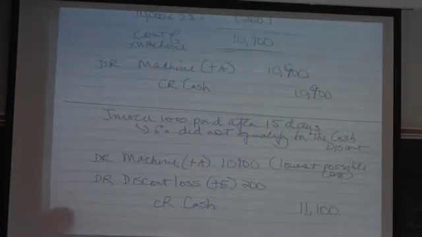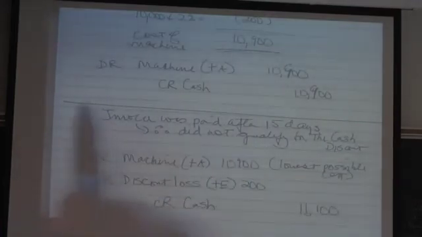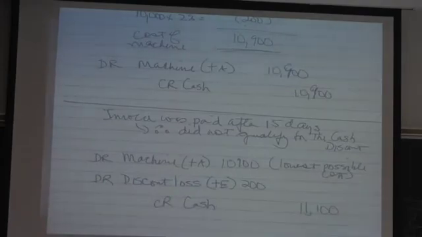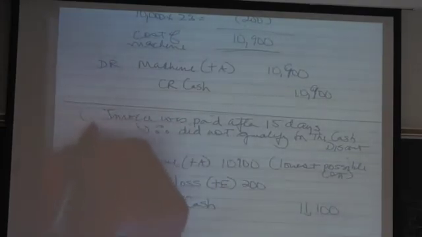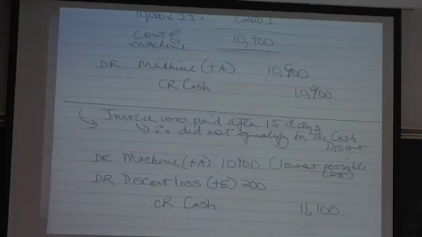So this second scenario assumes that the invoice was paid after the 15 days. Given that, we would not have qualified for the cash discount, and therefore we have to reflect the $200.